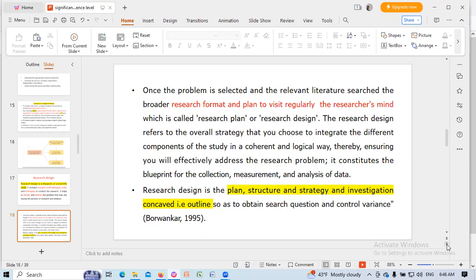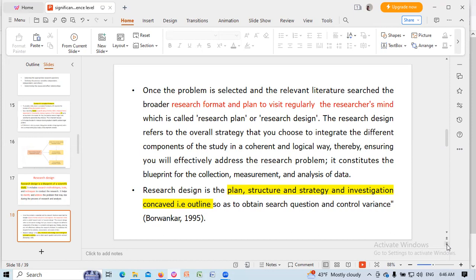The research design refers to the overall strategy that you choose to integrate the different components of the study in a coherent and logical way, thereby ensuring you will effectively address the research problem.